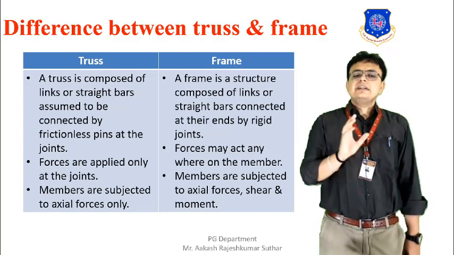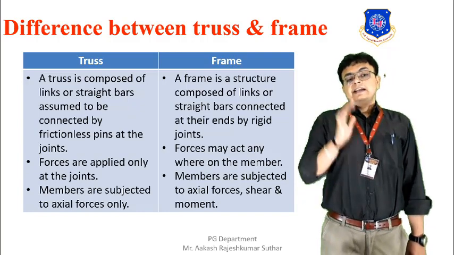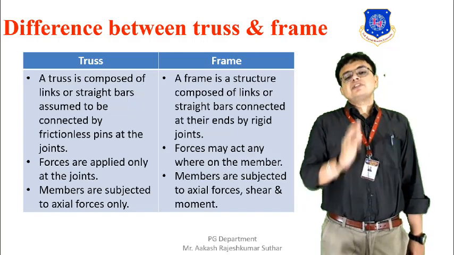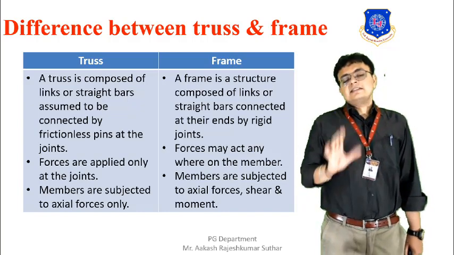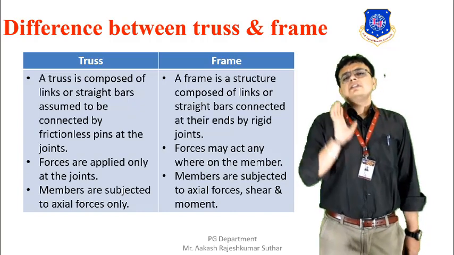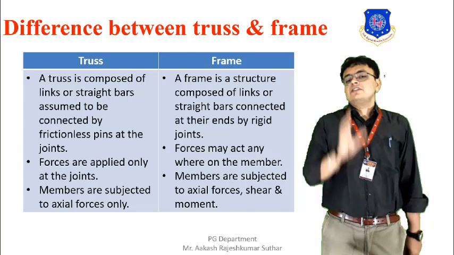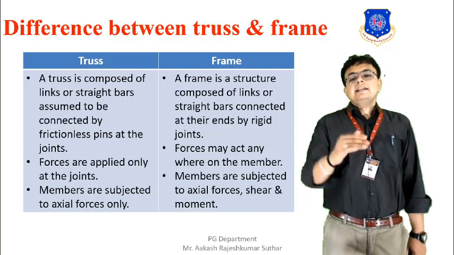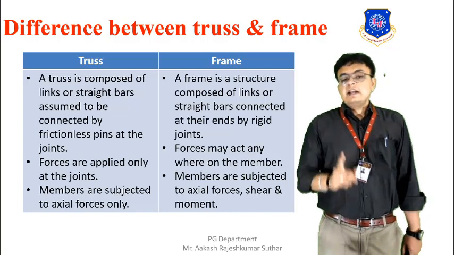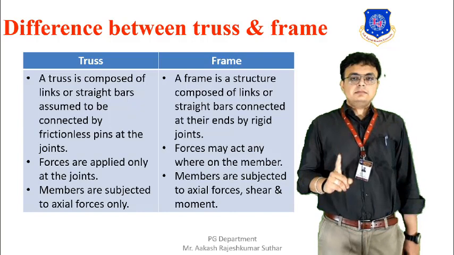Basically, a truss is composed of links or straight bars assumed to be connected by frictionless pins at the joints. This line says that in a truss, all the joints are pin joints. But a frame is a structure composed of links or straight bars that are connected at the ends by rigid joints.